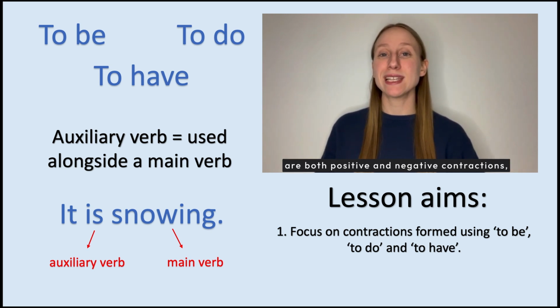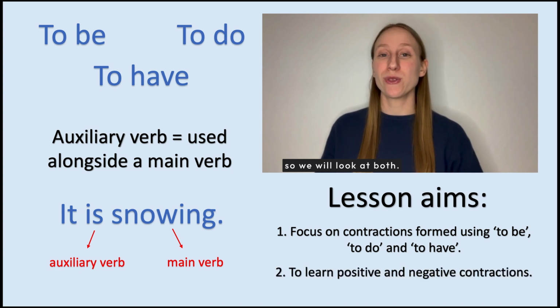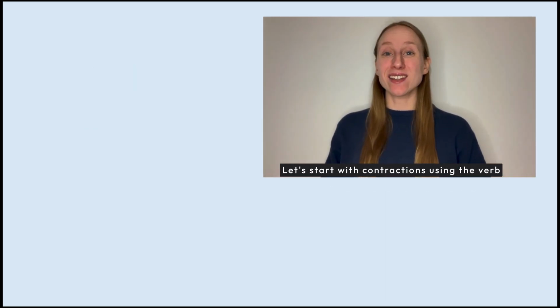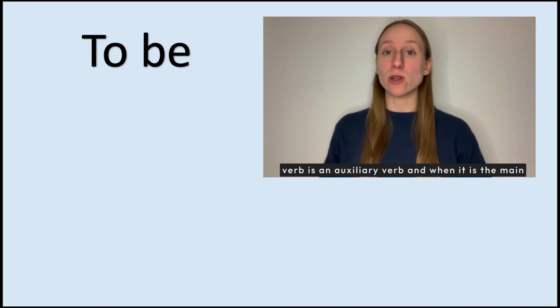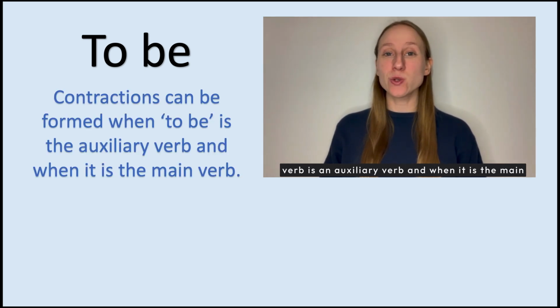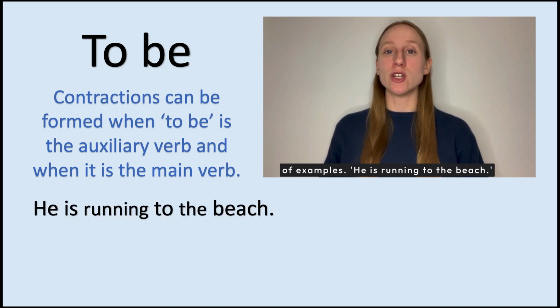There are both positive and negative contractions, so we will look at both. Let's start with contractions using the verb to be. Contractions can be formed when this verb is an auxiliary verb and when it is the main verb of the sentence. Let me give you a couple of examples. He is running to the beach.